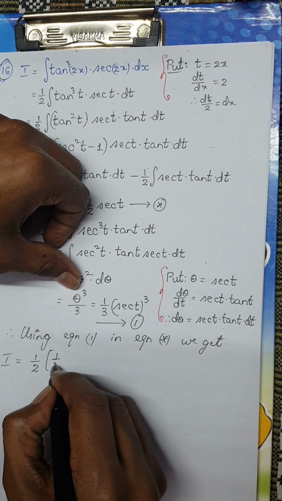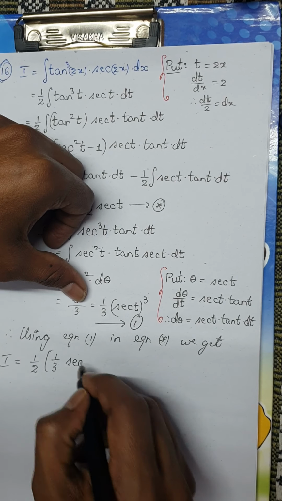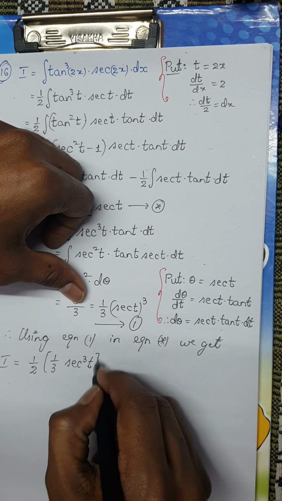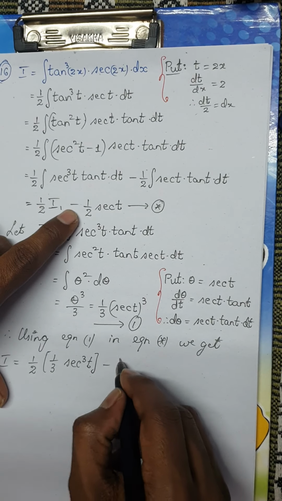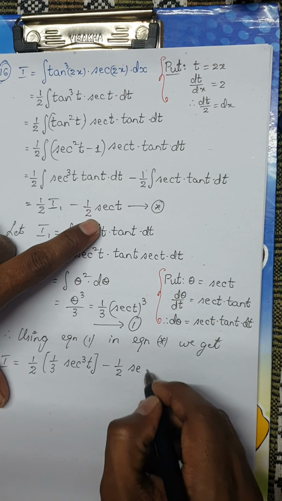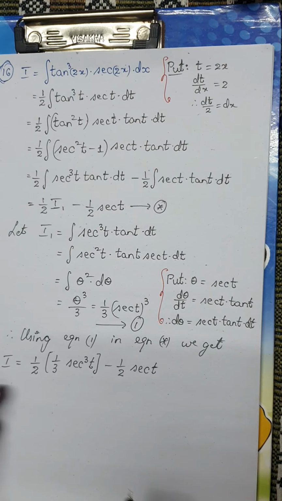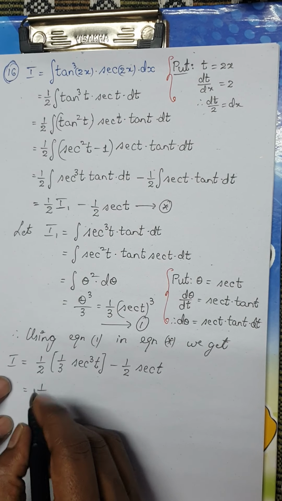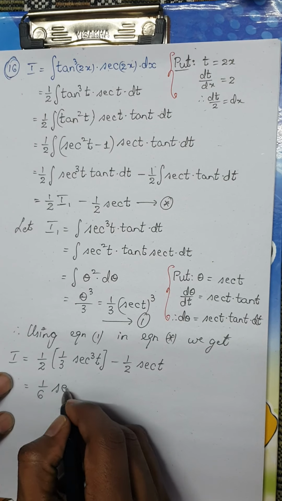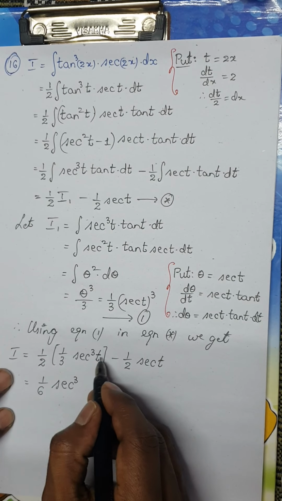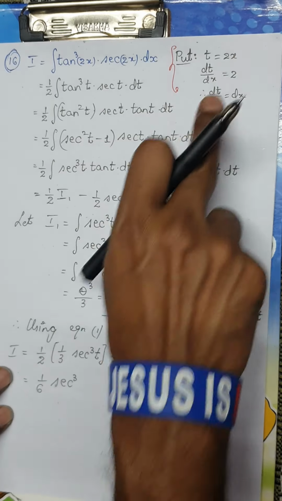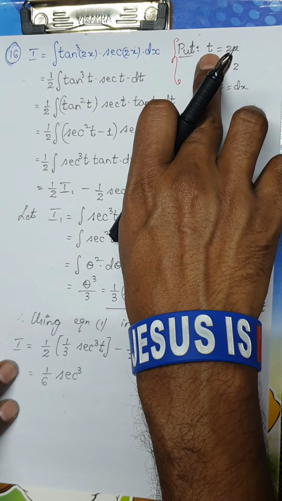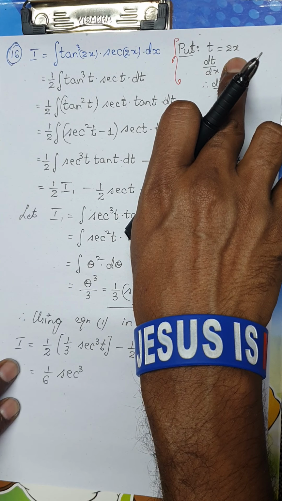I1 I have is 1 by 3 into secant cube t, minus 1 by 2 into secant t. Now what is 1 by 2 into 1 by 3? It is nothing but 1 by 6 secant cube. Let me replace t in terms of x. Where did I start with? I started with t is equal to 2x. Okay, is it clear?